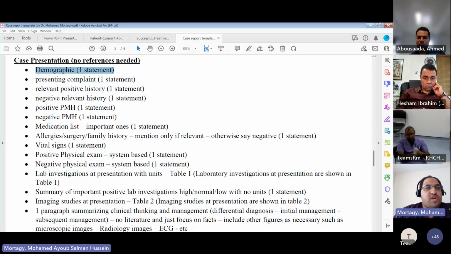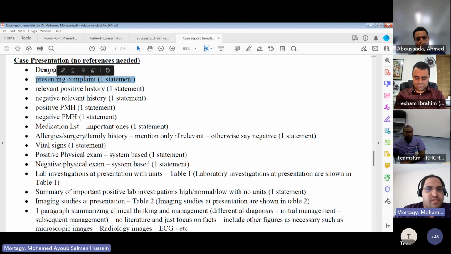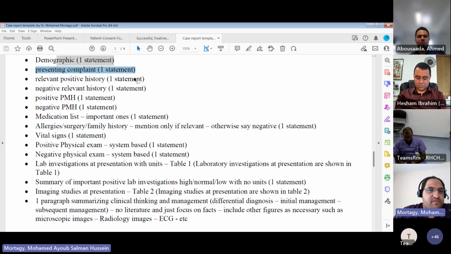Just one statement about demographics, like this patient is a 45-year-old man, and then the presenting complaint, one statement, like hematuria or chest pain or whatever.